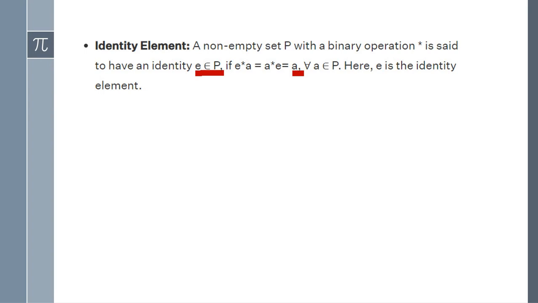Example na nato. Ang atong set kay Z, integers na siya. Ang akong A kay 4. Then, ang E kay 1. Ang akong operation, ang akong star kay multiplication.